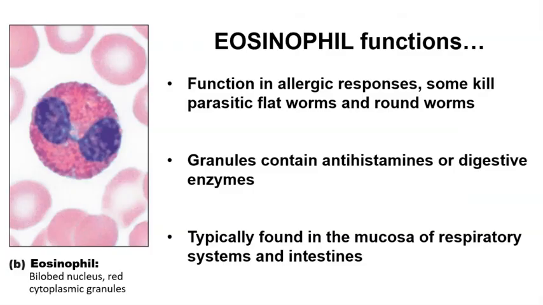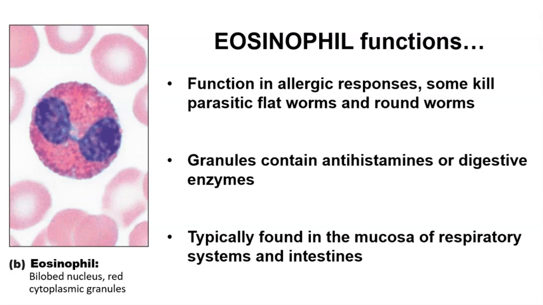So next we have the eosinophils, and these are granulocytes that typically have a bilobed, so it's a 2-lobed nucleus, as well as very bright red cytoplasmic granules. These cells are typically found in the mucosa of the respiratory system as well as in the intestines. So the mucosa is the tissue that lines the inner walls of these organs.